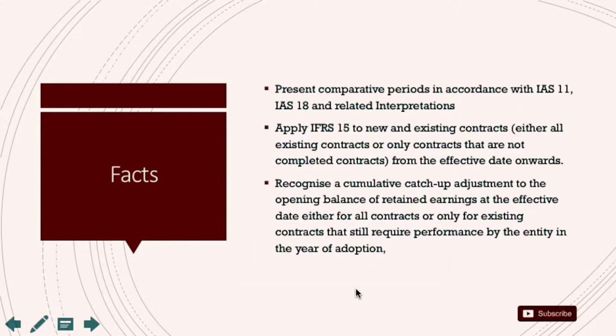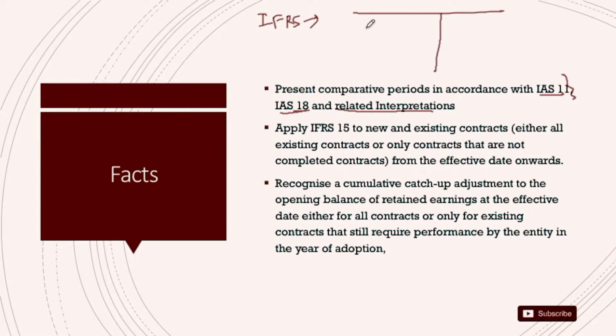Now we will discuss some of the facts on IFRS 15. The comparative period is in accordance with IAS 11 or IAS 18 and the related interpretations. What do we mean by this? Under IFRS, we generally prepare statements for two periods, for 2018 and for 2017.